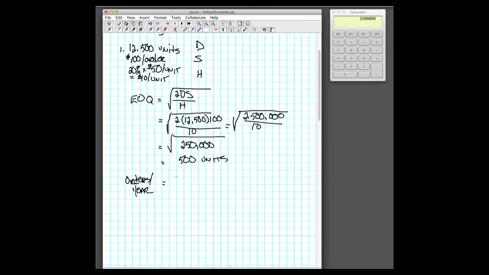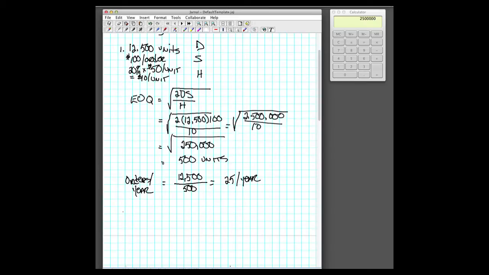Well, if we know that our demand is going to be 12,500 units per year, and we're going to have to order those on a regular basis of 500 units per order, that would suggest that we would be placing 25 orders per year. Pretty simple when we begin to think of it.